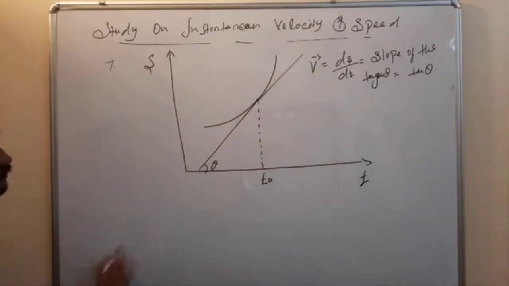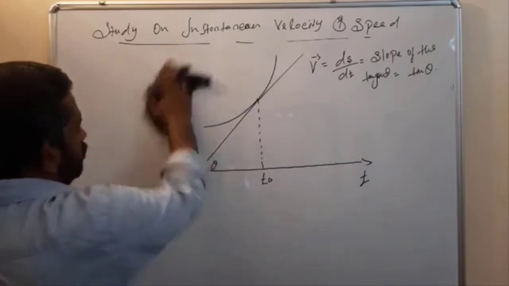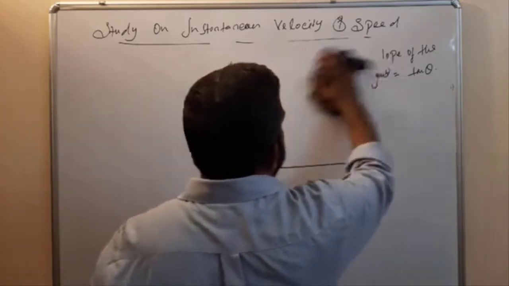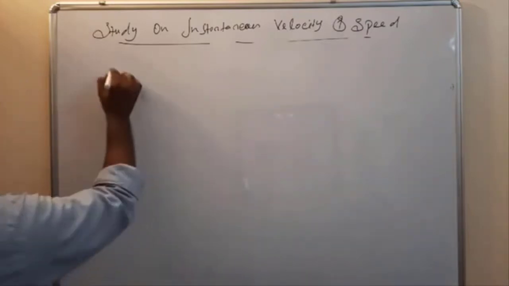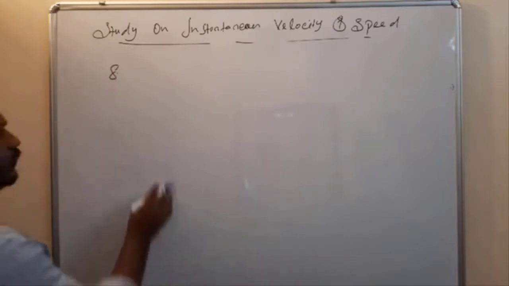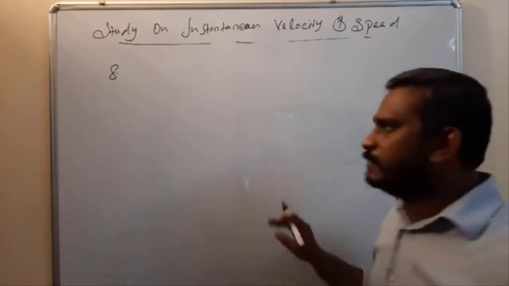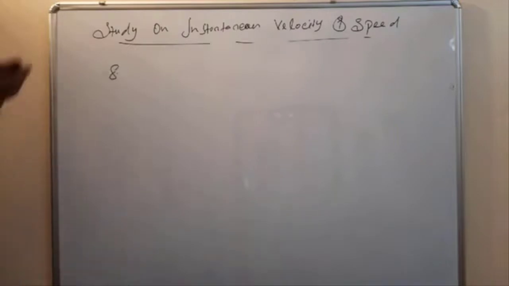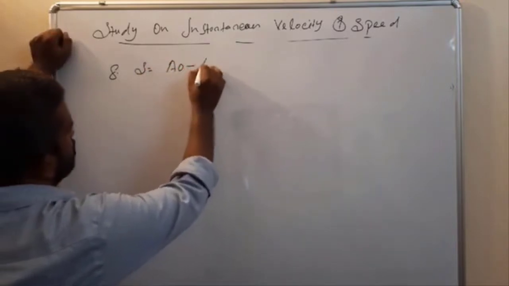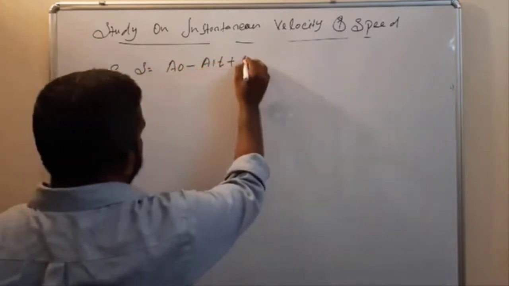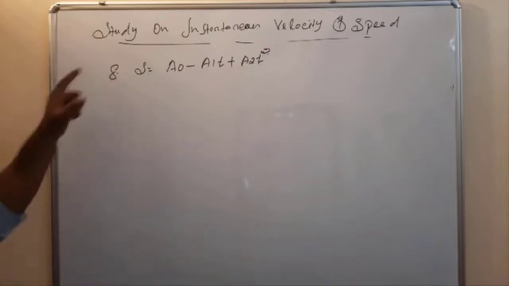Then the last point, eighth point. If the displacement is given as a function of t, so s is equal to a0 minus a1 t minus a2 t square. So what is the velocity?